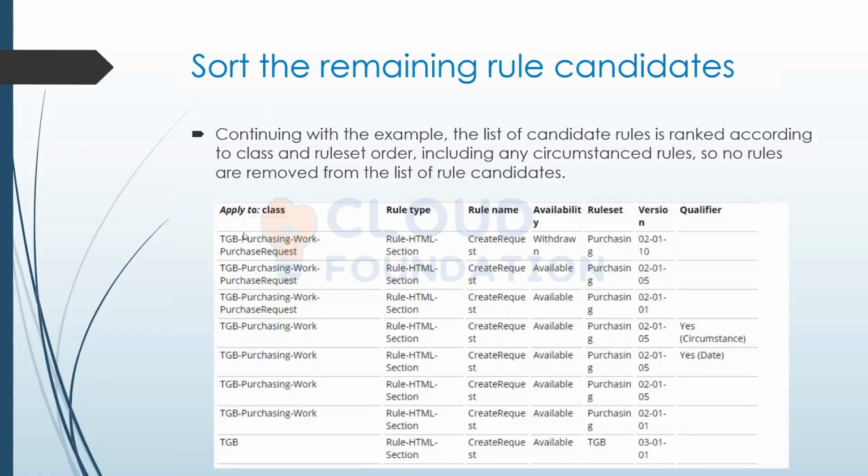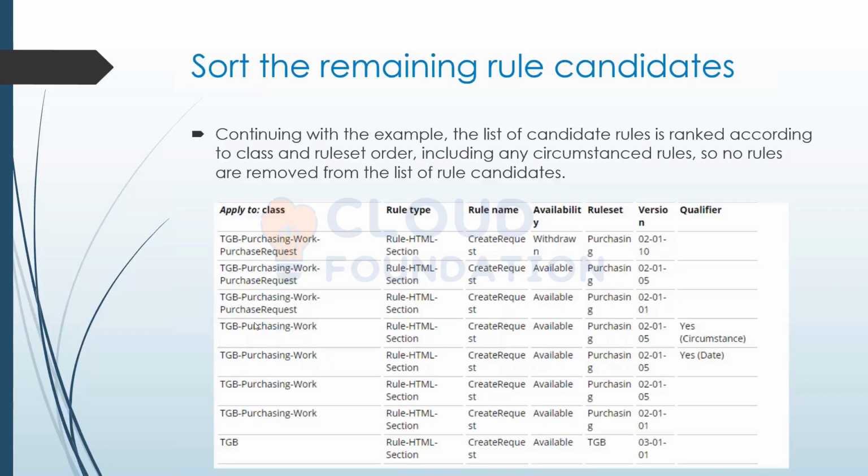You see first the current class that you're handling, which is Work-Purchase-Request. All the instances are listed out and you can see the version as well. They're sorted in descending order of version. O2-10 is the highest priority, then O2-5, then O2-1.